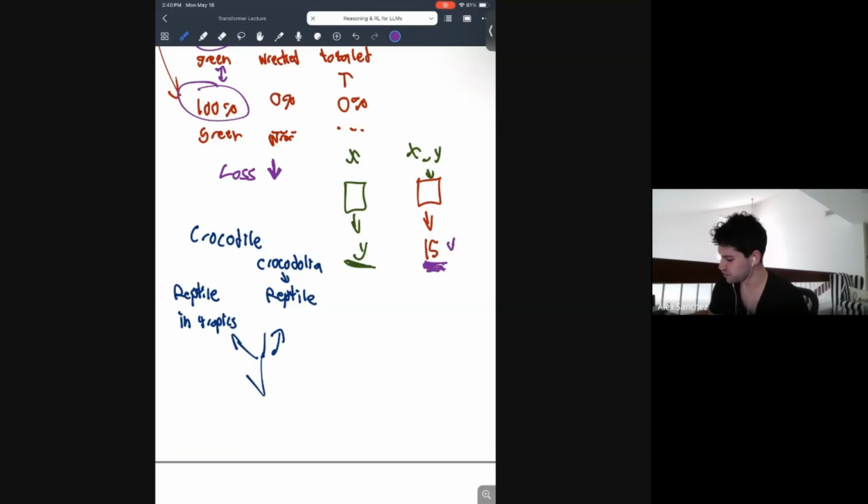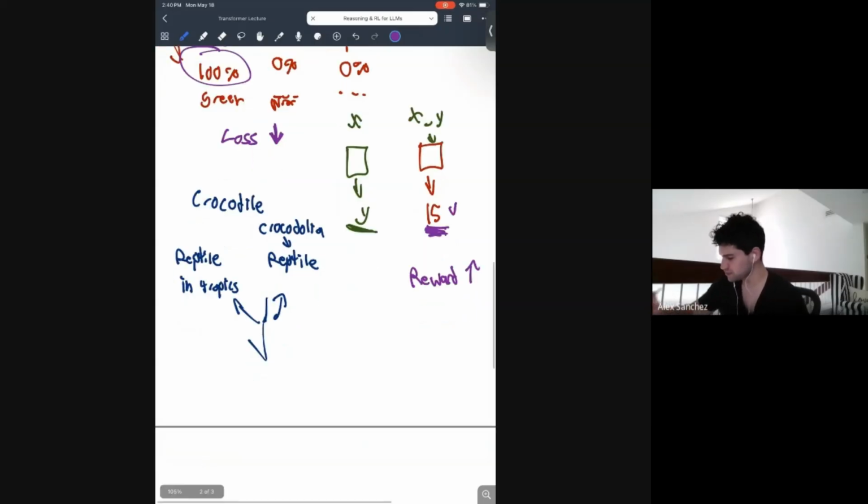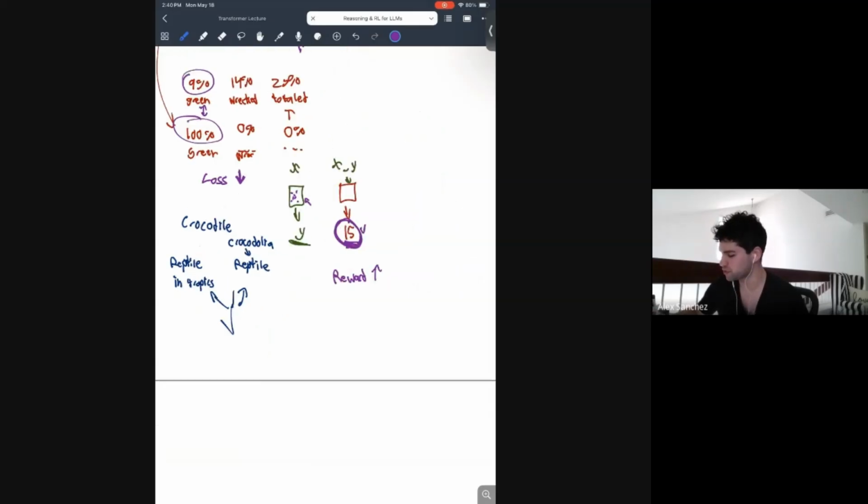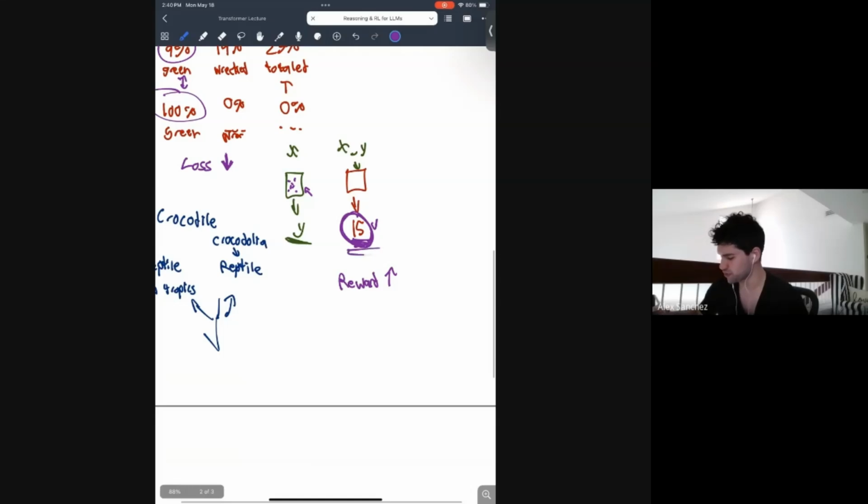Now, the goal overall is the opposite of the loss, actually. Our goal is to increase the reward. But how do we attach this number to this model in a way that the model's weights, through backpropagation, learn how much to update given this reward?